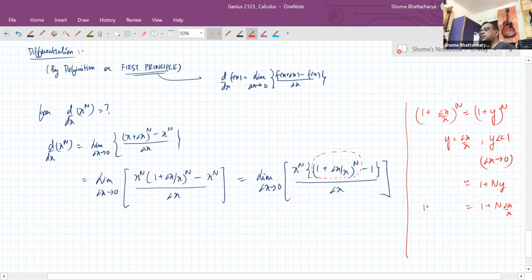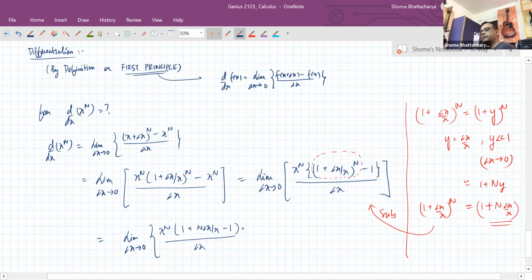So this term can be approximated as this. Okay, so substituting this term over here. So next step, this will become... okay, and there you are.